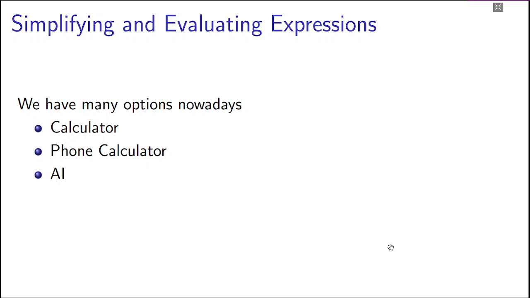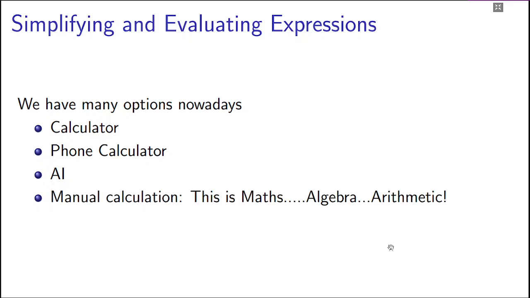And nowadays you have AI. So people trust AI to do calculations for them. I don't recommend you do calculations with AI. Then you have manual calculation. This is where we begin to do mathematics. All of these tools, the calculator, your phone calculator, and AI, do the manual calculations in the background.